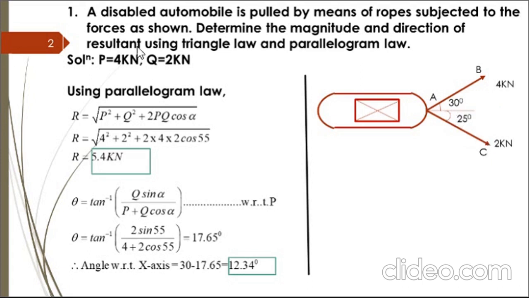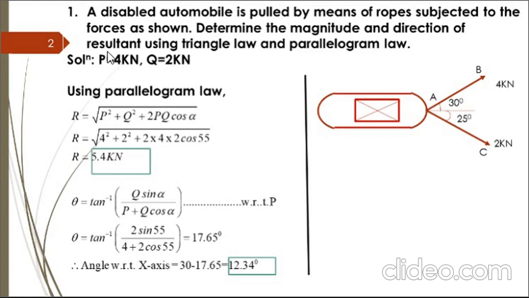We have to determine the magnitude and direction of the resultant force. It means instead of applying these two ropes, if I apply only one rope, how much will be the force in that rope and what will be the direction of that single rope. Okay, so let's start.